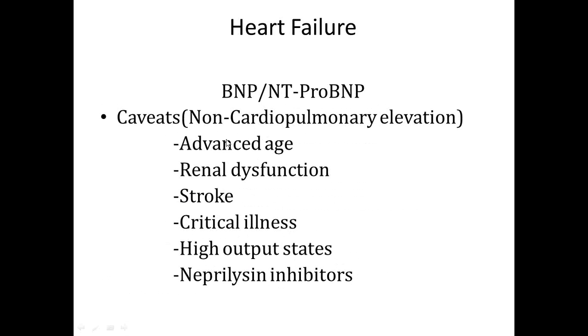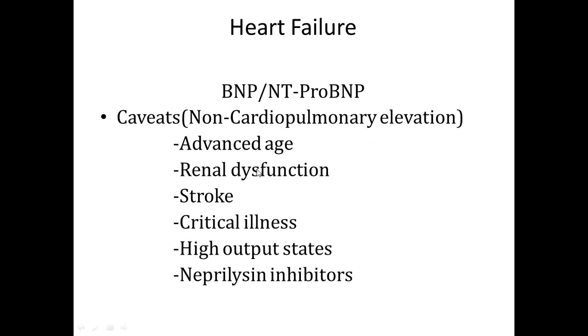So we went over that in a little detail. Older individuals tend to have higher levels. So know the cutoff for the age of the patient that you're seeing, so you don't go ahead and just treat the patient for heart failure. But important, renal dysfunction. So these are important caveats: age and renal dysfunction.